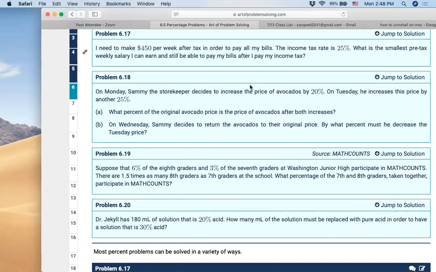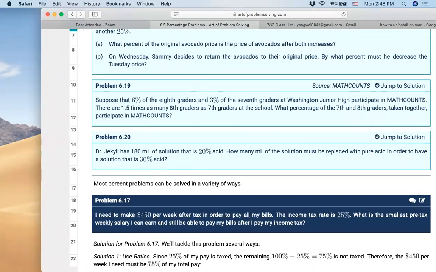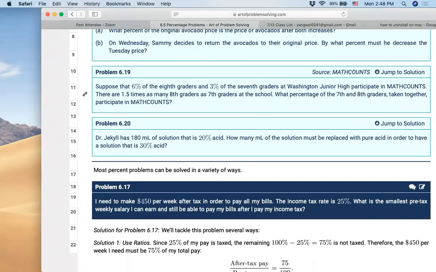Now let's go to number 19. This one says, suppose that 6% of the 8th graders and 3% of the 7th graders at Washington Junior High participated in Math Counts.